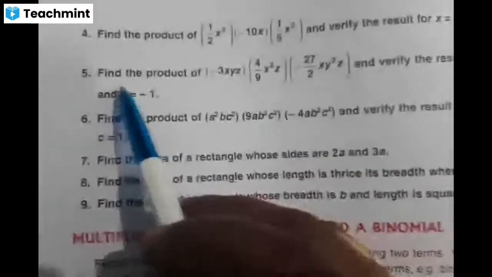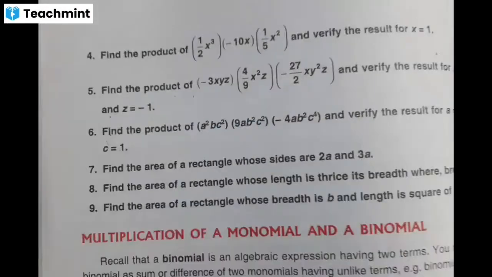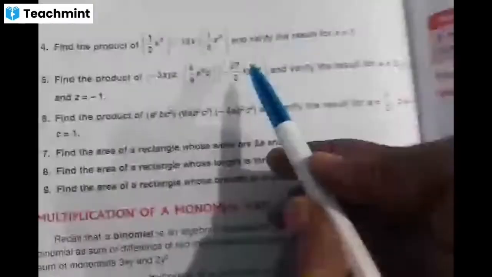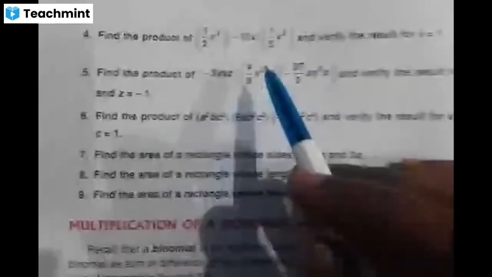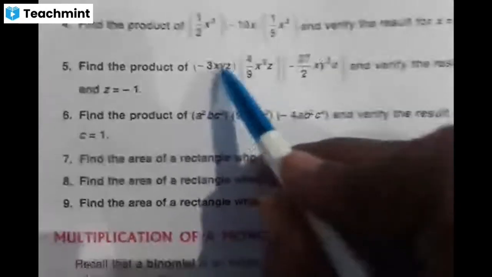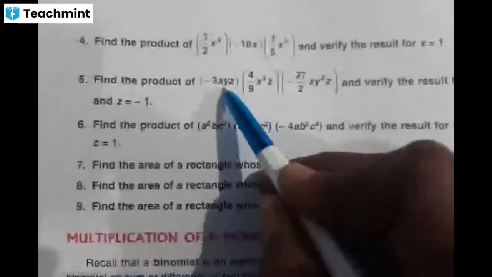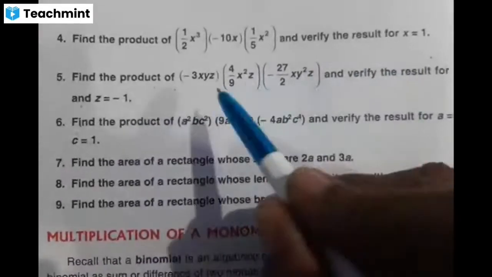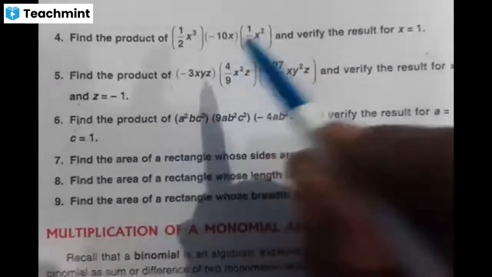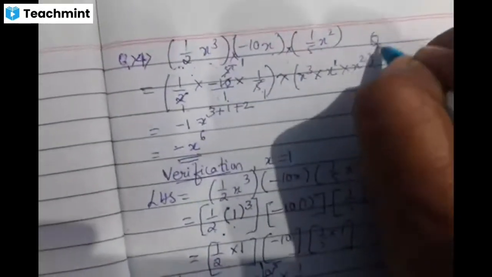That is, find the product of the given algebraic expression and also verify the result for x, y and z. Here we have the variables x, y and z, children. So in place of x we have to substitute this. But before that we have to find the product. Let me write the question here. Question number 5.